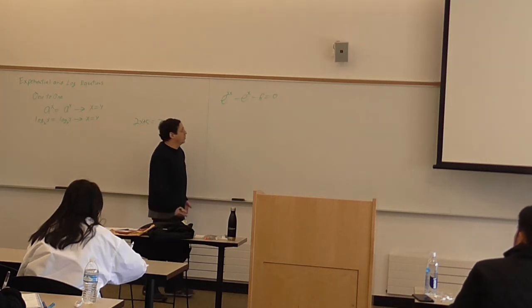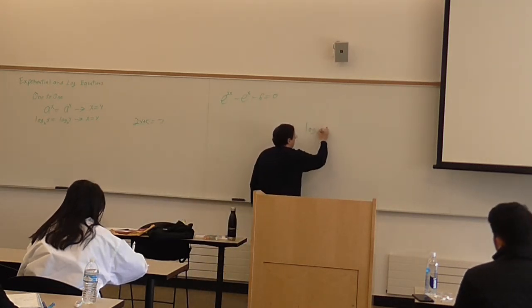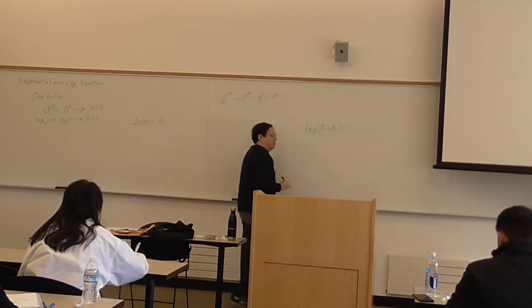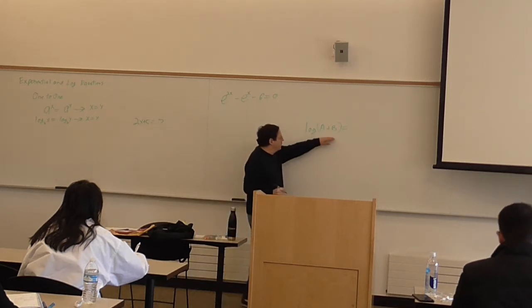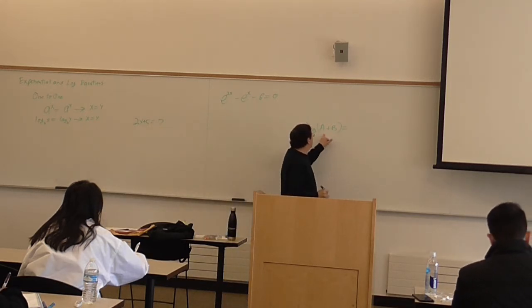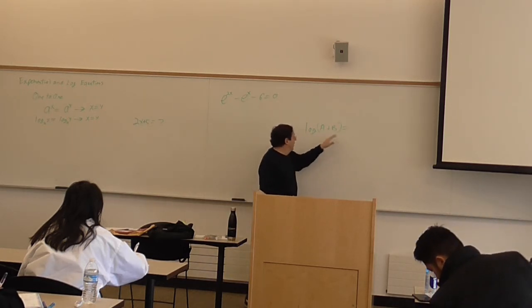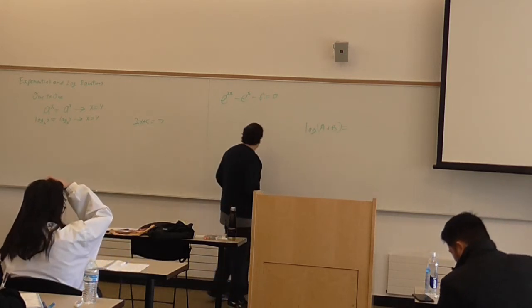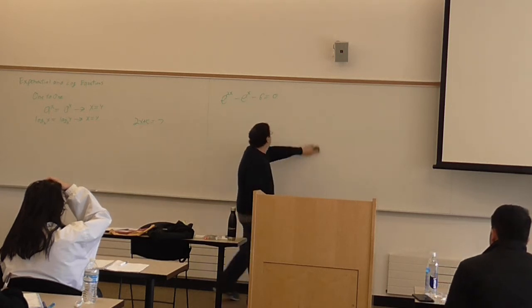To begin with, do not get confused. We know nothing about this. This is not the log of A times the log of B, or the log of A plus the log of B. This is just A plus B. We have to add them, and we find the log. So if we find the log of this side, that's not going to help us any.